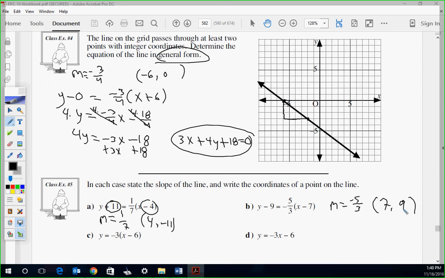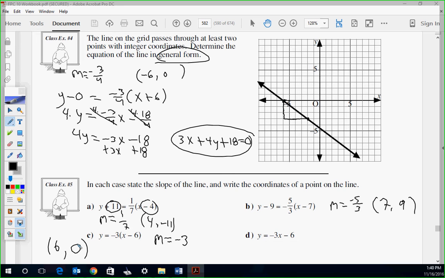What's the slope, Luke, for C? Yep. And we'll just put negative 3 is fine. And a little tricky here, but what's the point here, Raj? Okay, but we want the opposite for x. And then what do you notice about the y? Yeah, there's nothing there, so then we make it a 0, okay? That's the tricky part. Nothing's there, it's 0.